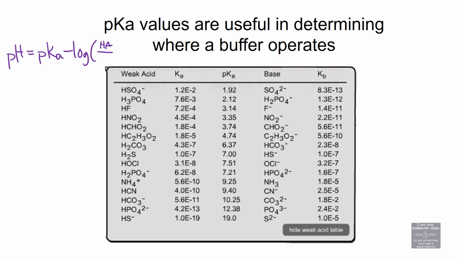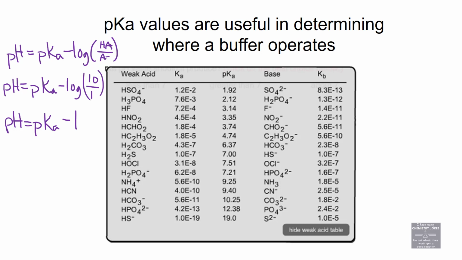So if I have 10 times as much acid as I do base, then I would say pH equals pKa minus the log of 10 times as much acid as I have base. That becomes pKa minus 1, because the log of 10 over 1 is 1. Okay, wait for it.